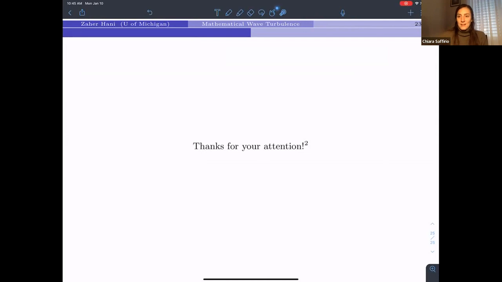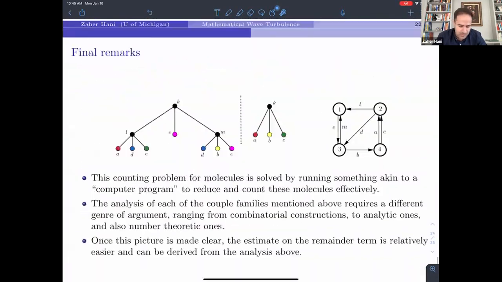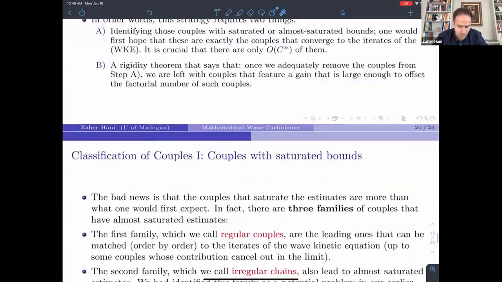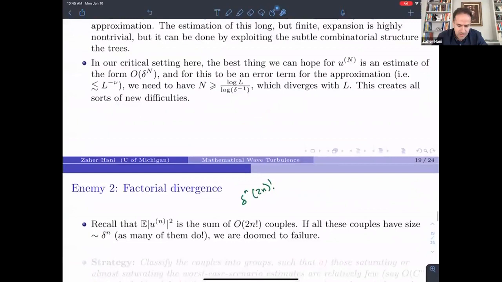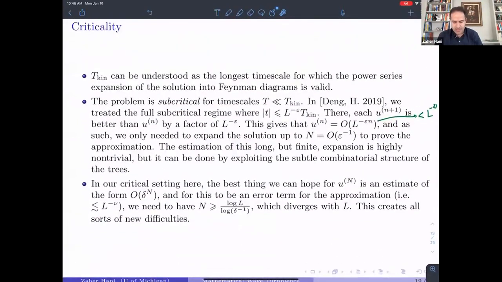So you are on the right time scale, but you have this delta in front. And the question is, where does the delta come in the proof? Excellent. This is exactly what I mentioned about the iterates, that the n plus first iterate in this setting is only better than the previous iterate by a factor of delta.